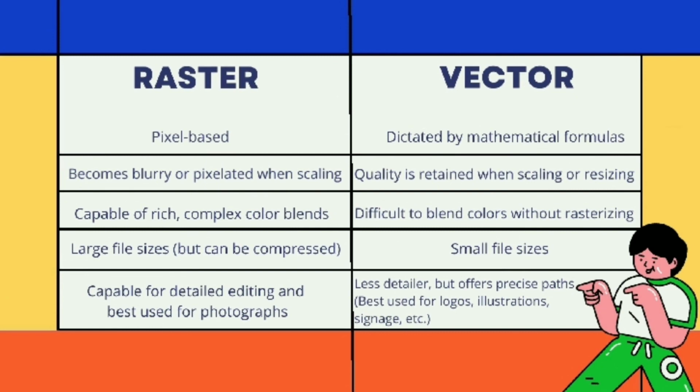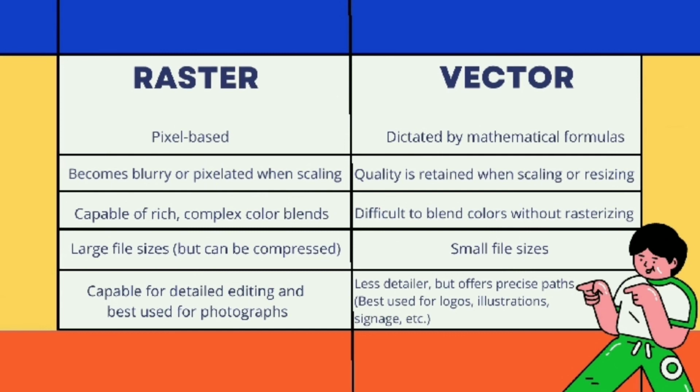Raster is capable of rich, complex color blends, while vector is difficult to blend colors without rasterizing. Raster has large file sizes but can be compressed, while vector comes with small file sizes. Raster is capable of detailed editing and best used for photographs.